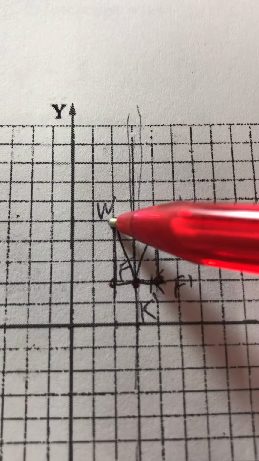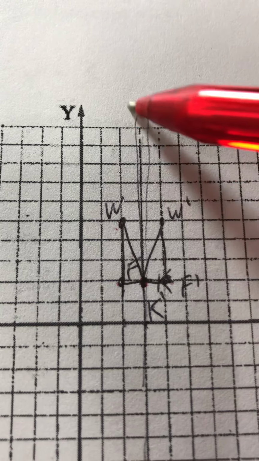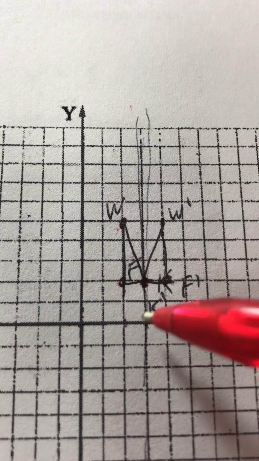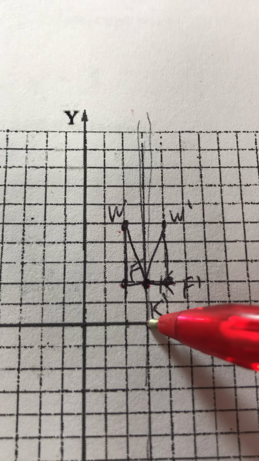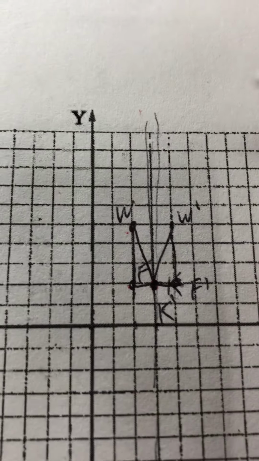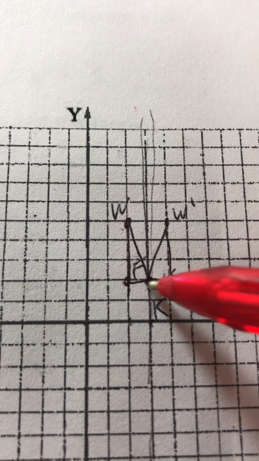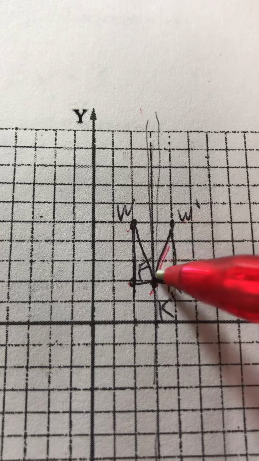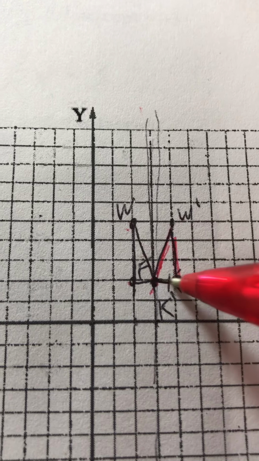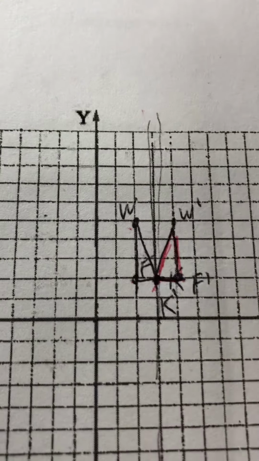And then here's my W's reflected across this x equals 3. Okay? So this is K, this is F. This is W in the reflection. So this is the reflected one. Cover it in red. All right, so that's 7 and 9.